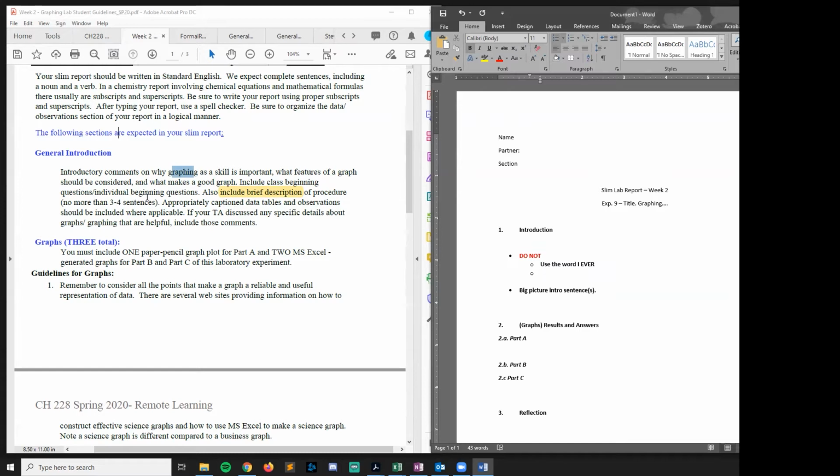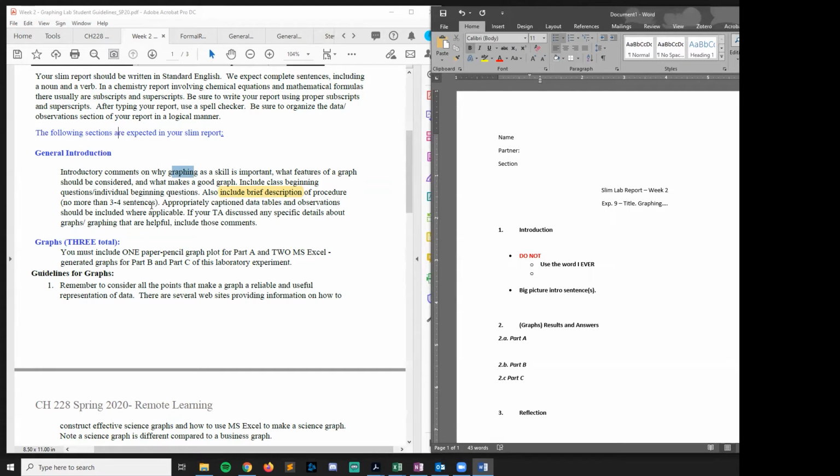If you want your first sentence to be about graphing, you could say something along the lines of: scientists, researchers, whatever you want to say there, scientists use tabular or graphical representations of data in every instance, let's say, right? That's a sentence that gives you an idea, okay, what is the rest of this paper going to be about? But it's the biggest picture possible, right?